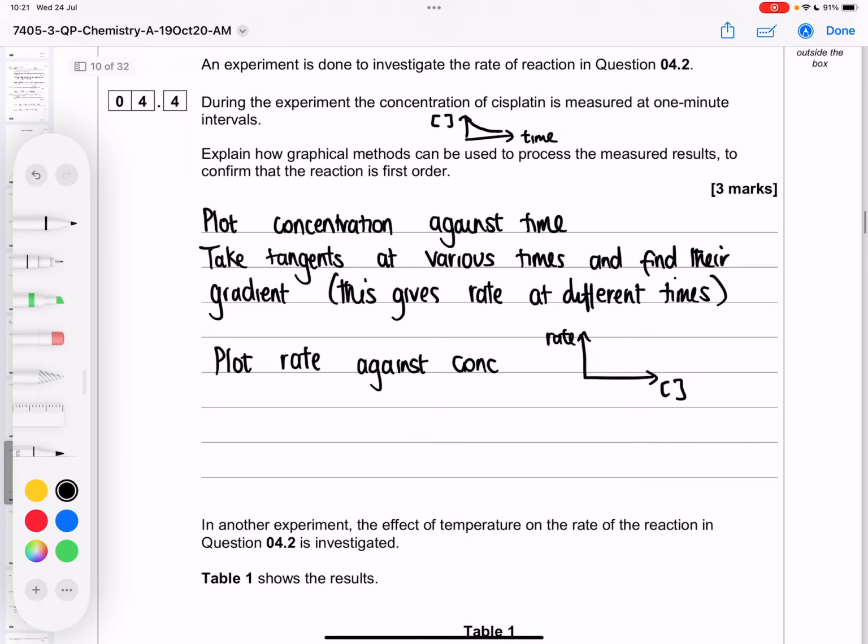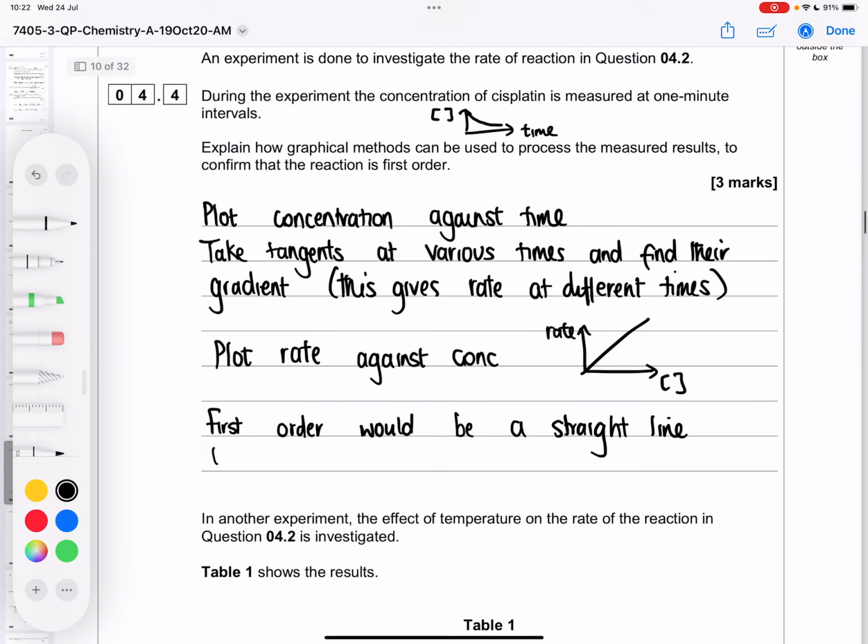And then if it's first order, it would be a straight line, and we can't just say a straight line because a straight line could be zero order if it was horizontal. So we have to say a straight line through the origin. And that is how we would confirm it was first order.